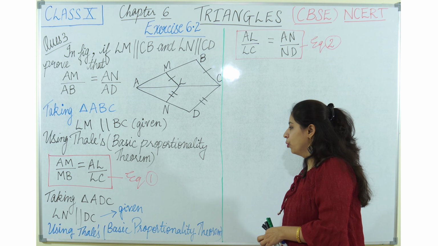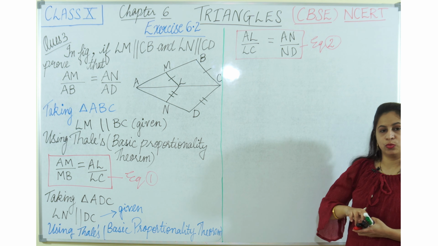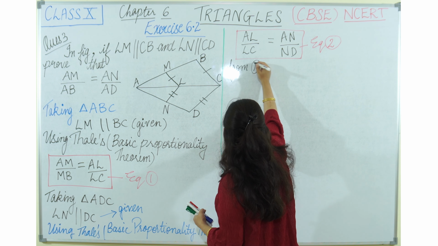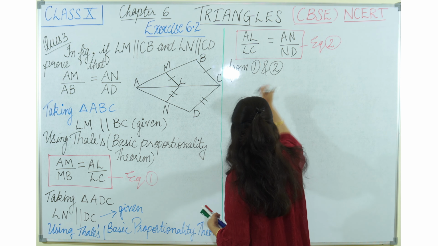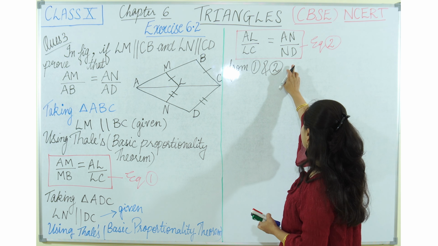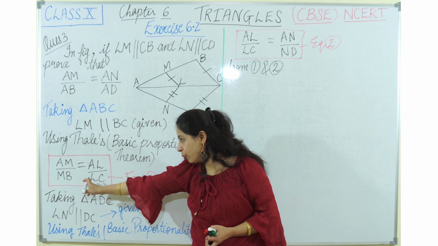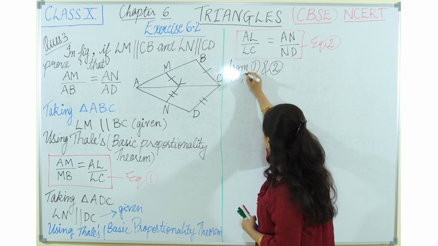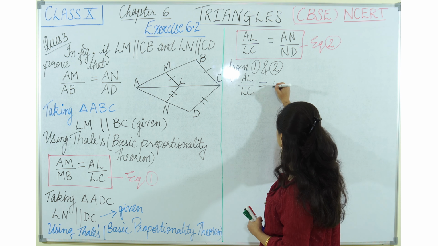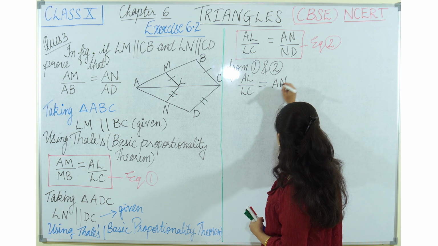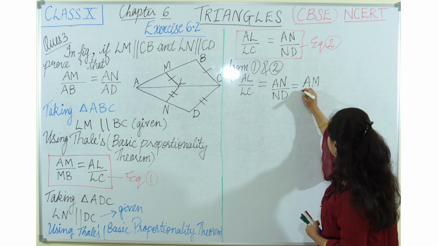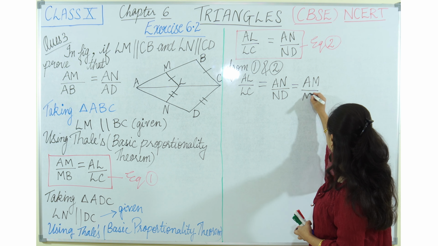So from equations 1 and 2, it is clear that AL upon LC is equal to AN upon ND, and also equal to AM upon MB. So AL upon LC will be equal to AN upon ND will be equal to AM upon MB.